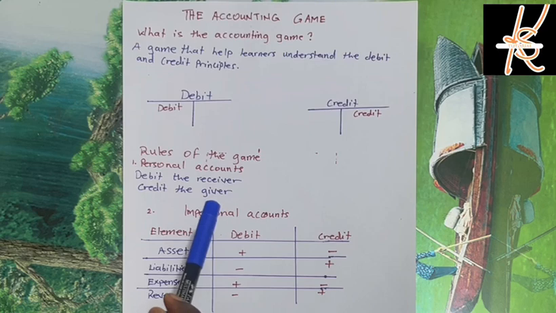And the rule says we debit the receiver and we credit the giver. Do we get it?